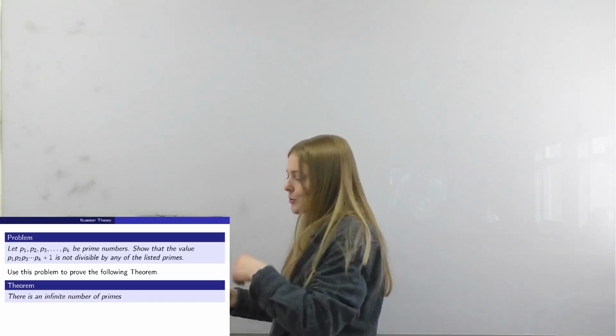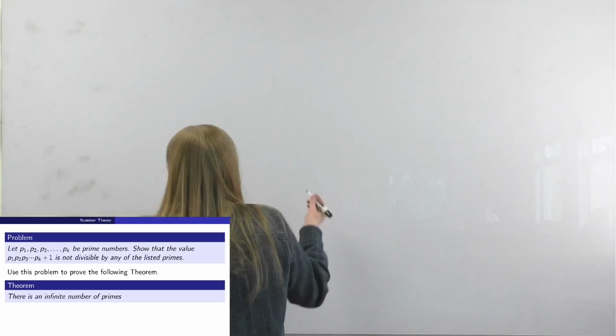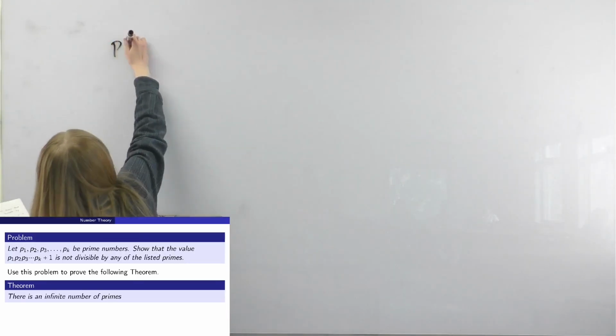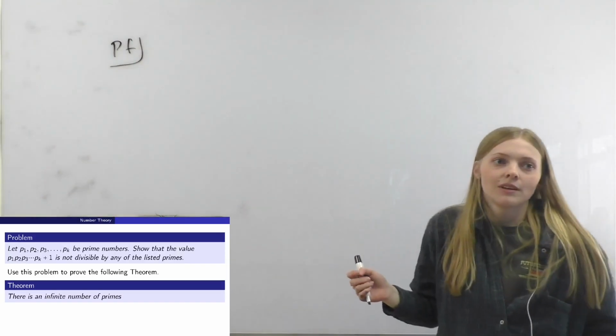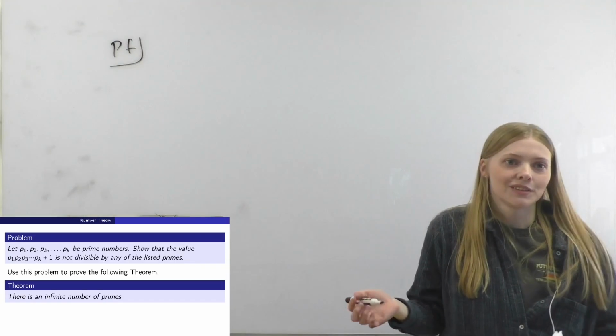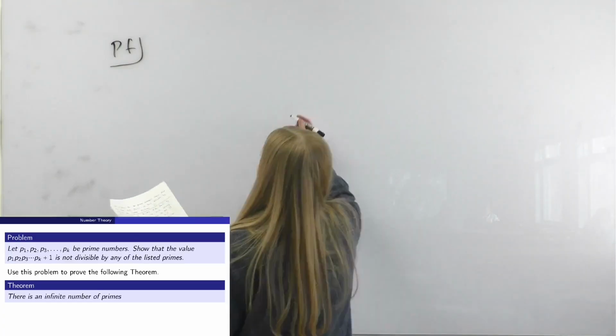Okay, so we're trying to prove that there are an infinite number of primes. Typically, when you have a proof that says prove that there's an infinite number of something, what do you do? Suppose there's not an infinite number of that something and contradict it.